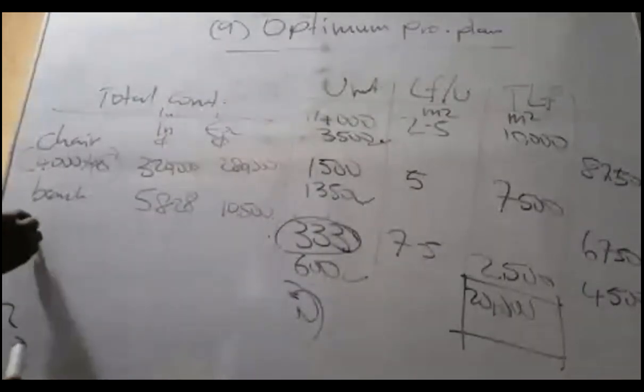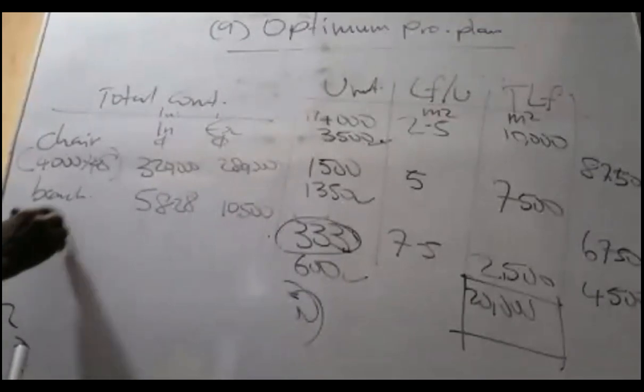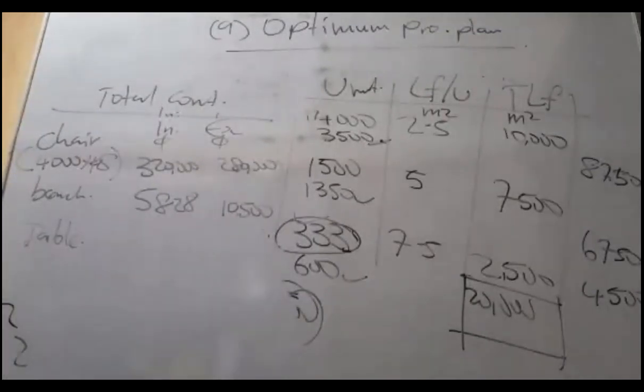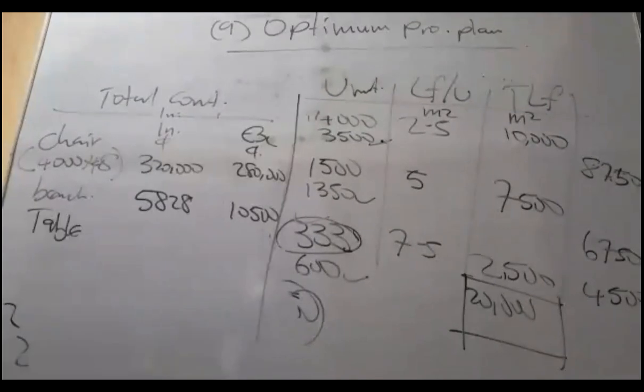Now let's see the last one, table. If I want to include, it is 1,500 times the contribution per unit of table, which is 16.